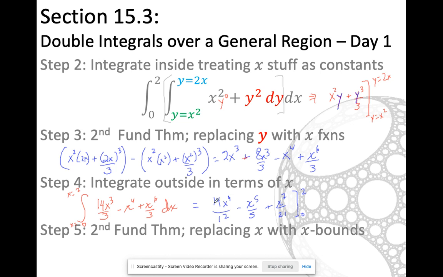Now, the nice thing is when I put in 0, everything's going to go away. So I just really have to do, what is that, 7/6 times 2 to the 4th minus 2 to the 5th over 5 plus 2 to the 7th over 21, whatever that is.